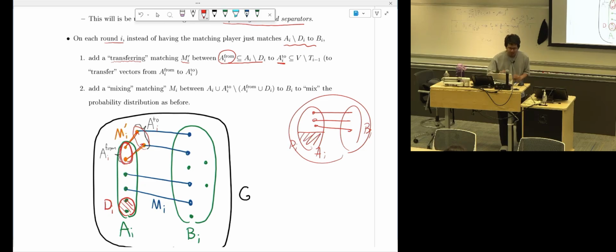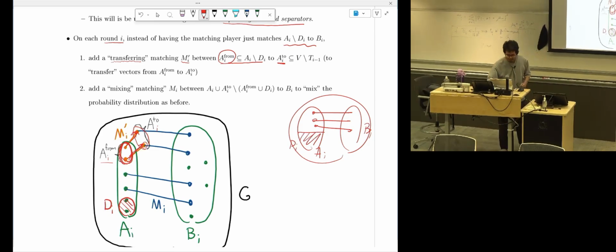This operation you can think of as I just transfer everything here in A_i from to A_i2. At this point, nothing changed at all. Literally I just add this matching and transfer whatever is there in A_i from to A_i2. The potential function stays the same.